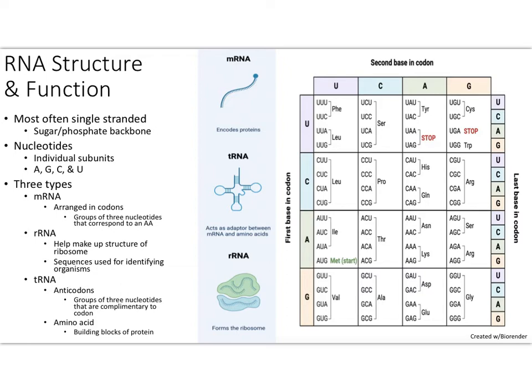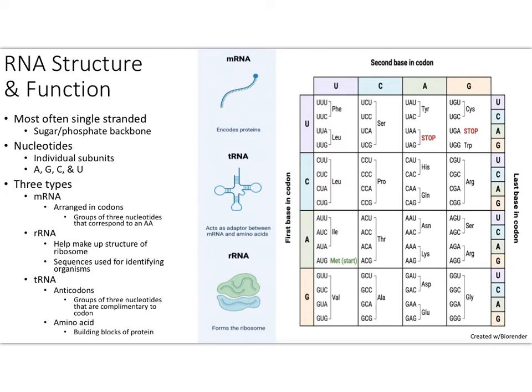So both DNA and RNA have A, which is adenine, both have G, which is guanine, both have C, which is cytosine, but in place of T, which is thymine, RNA has U, which is uracil. So in DNA, we have A, G, C, T, but in RNA, we have A, G, C, and U.